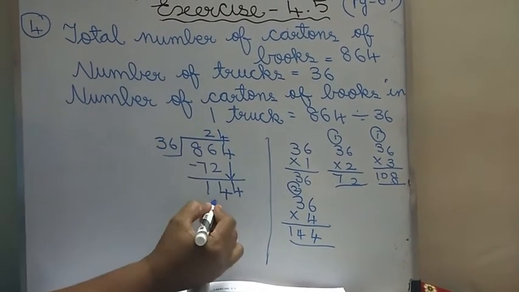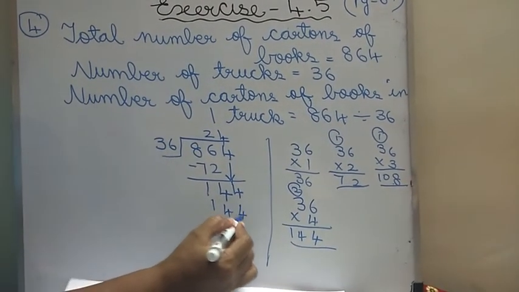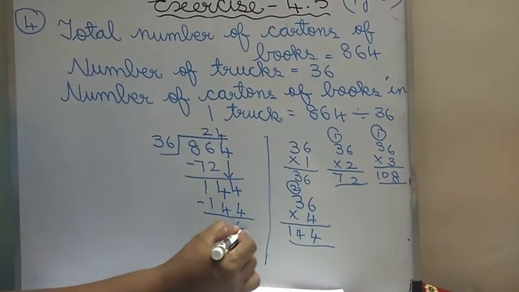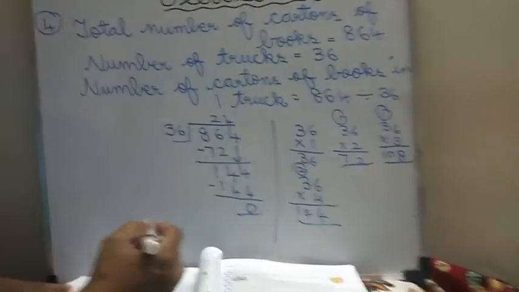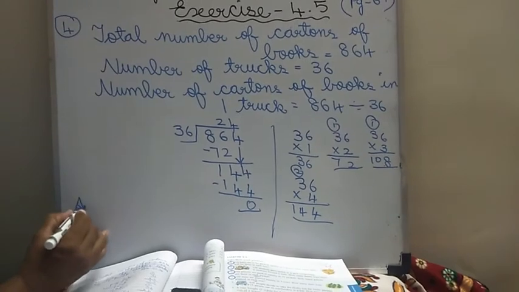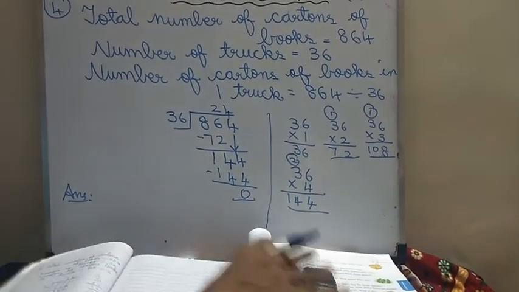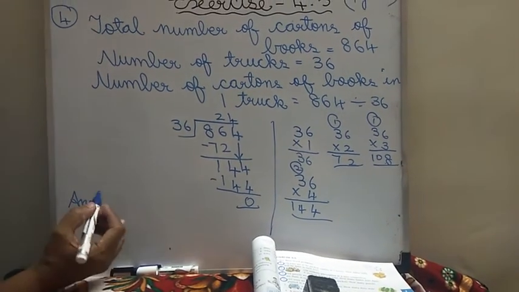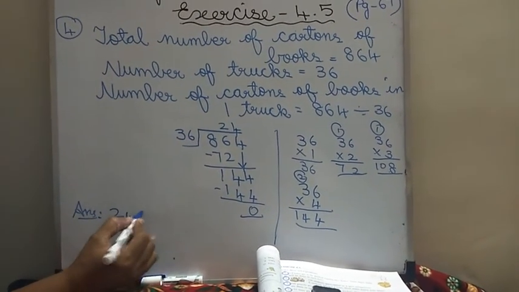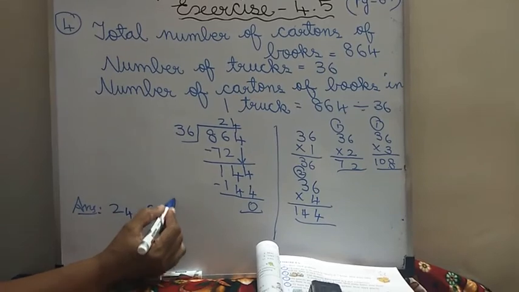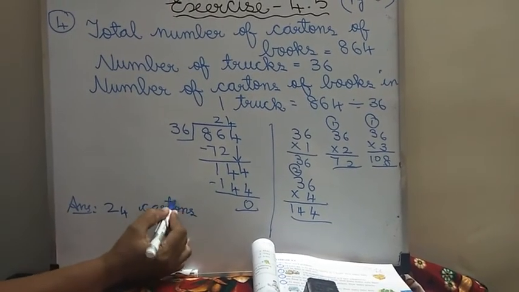So 36 4s are 144. 144 minus 144, 0 will come. So what's the answer, children? How many cartons of books are loaded in one truck? 24 cartons of books.